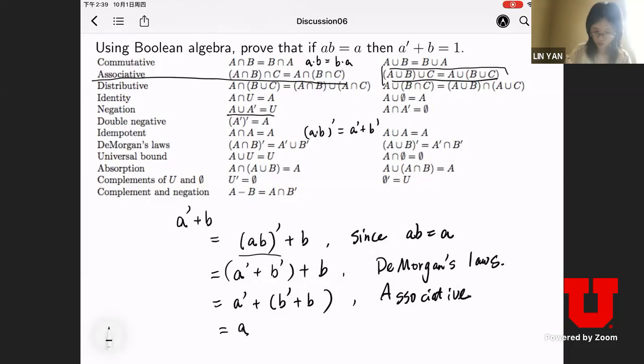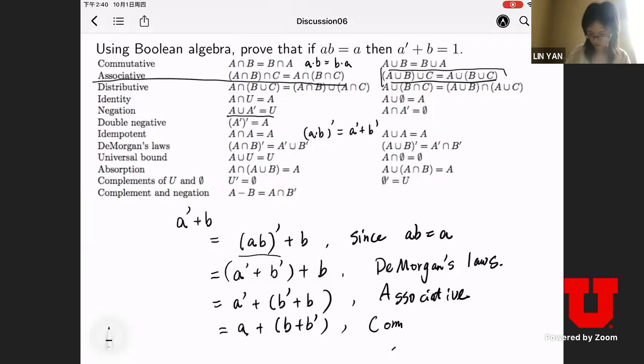And we want to use the negation, but we have the not A on the right, so we need to switch it. This is commutative. Then it is equal to not A plus A. This is negation.